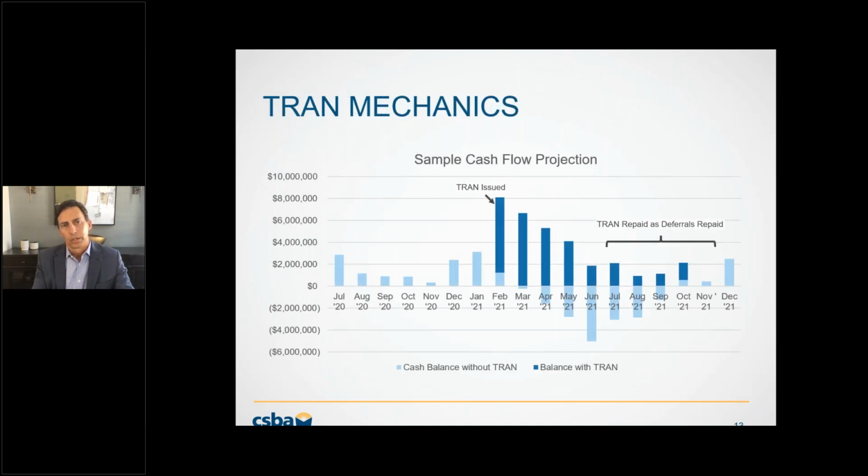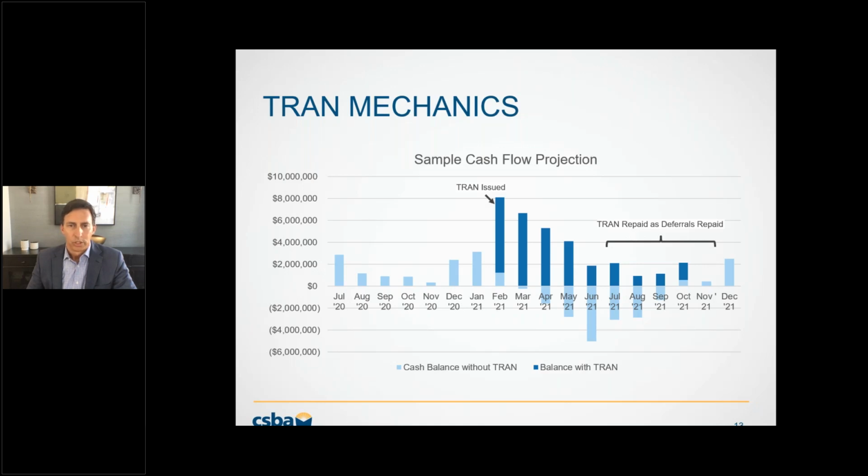And so a little bit about the TRAN mechanics. We put together what a sample cash flow might look like for a district, with the light blue being the cash balance without the TRAN, and the dark blue being the additional cash that's generated from issuing the TRAN. We can see with this district, their cash balance gets pretty low in November, but maybe they've got enough other funds that they could temporarily borrow from to get through that point without needing a TRAN.